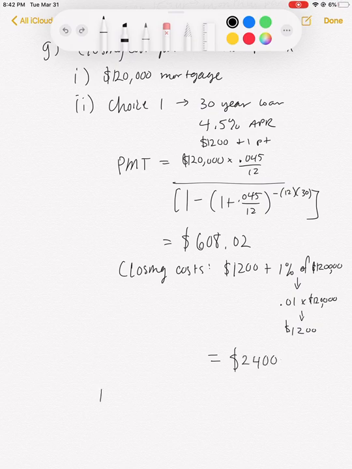Okay, so choice 2 gives us a closing cost amount of $1,200 plus 3 points. So we have a lower rate here.